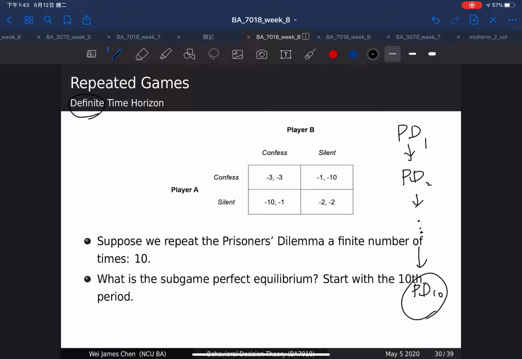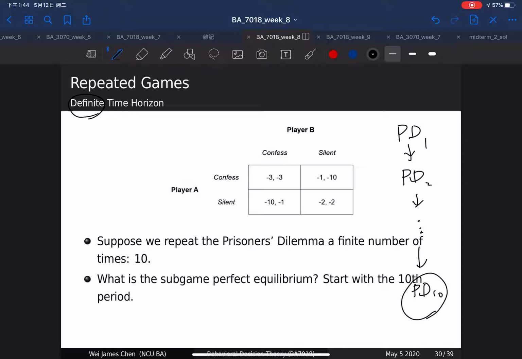And in the last prisoner's dilemma, since it is the last, there's no next round, right? And no matter what the previous history said, in the last round, this is just like what we had before, when we have only one round of prisoner's dilemma. Because everything is sunk cost, right? In the last round, it's just like the first time we played the prisoner's dilemma. Our prediction would be both people will confess.